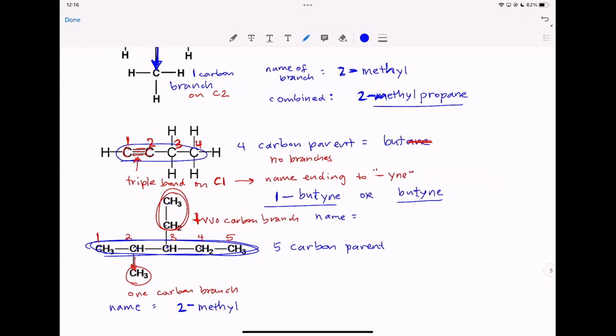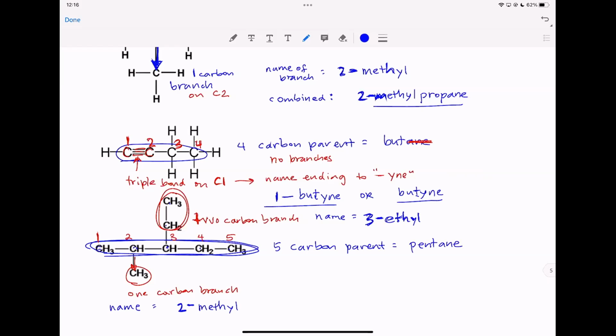So it's coming off carbon number 3. And then the 2-carbon length is the prefix eth. And then the branch name is always going to end in a YL. Now the 5-carbon parent is going to be the prefix pent. They're all single bonds, so it's ANE.